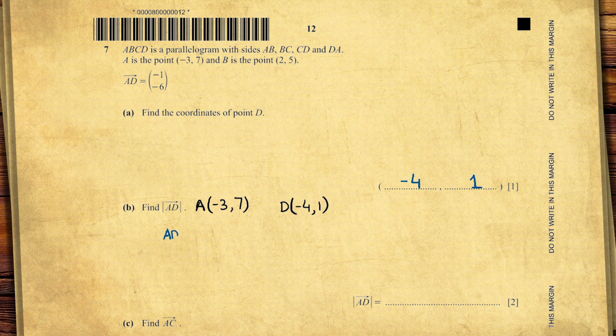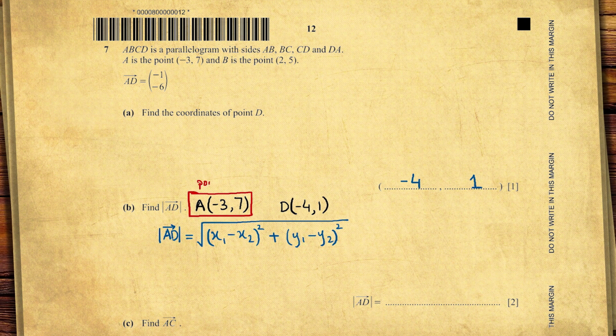The length of the vector AD will be equal to, using the distance formula, the square root of (x1 minus x2) whole squared plus (y1 minus y2) whole squared. In place of x1 minus x2, you can also use x2 minus x1, and in place of y1 minus y2, you can also use y2 minus y1. But whatever you use, keep the order the same in both the brackets.